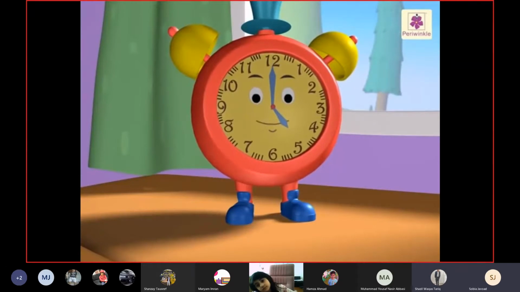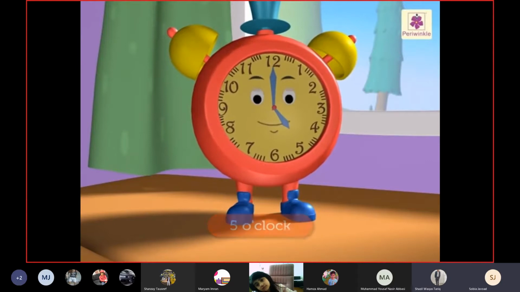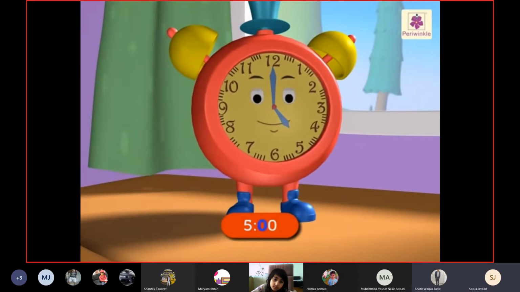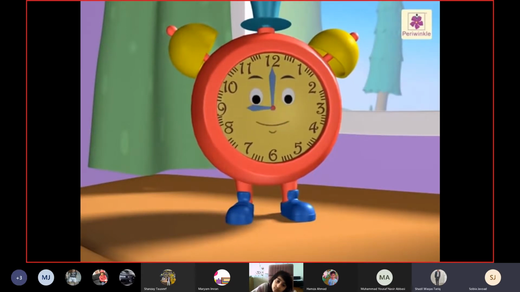This means the time is 5 o'clock. We read it as 5 o'clock. We write it as 5, then colon, and then 0, 0. Let us see the time once again. Now, my hour hand is on 9.